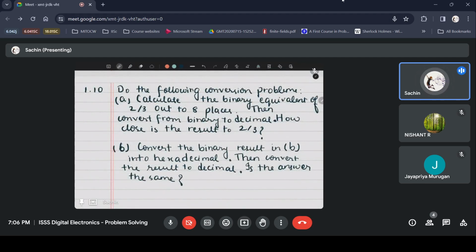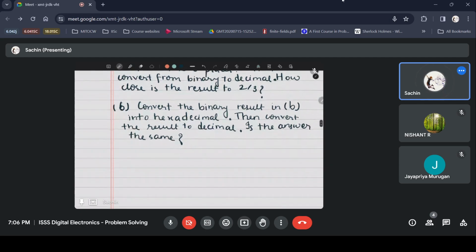Do the following conversion problems. Calculate the binary equivalent of 2/3 out to 8 places, then convert from binary to decimal. How close is the result to 2/3?